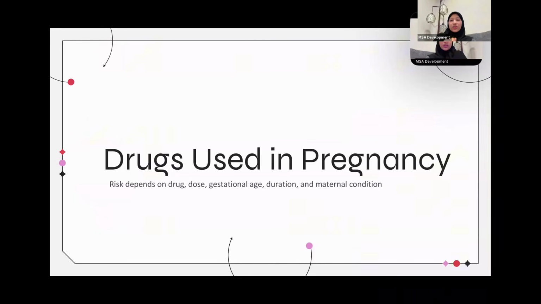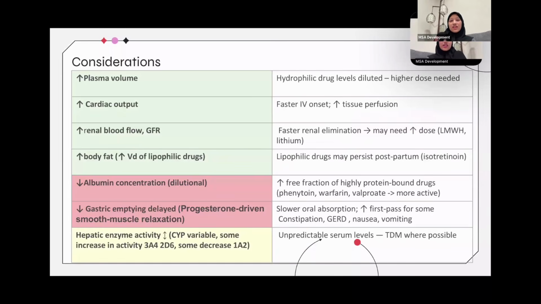Hopefully there's two more. So, drugs used in pregnancy. In pregnant women, it is very important to consider that there are a lot of physiological changes. The ones in green are increased, like plasma volume, cardiac output, renal blood flow. Like the woman is urinating more, having more edema, more bloating, more body fat, even, right? And then they have less of the others.